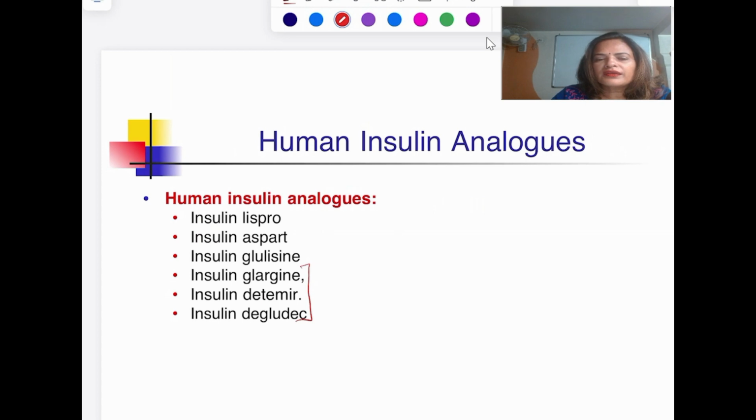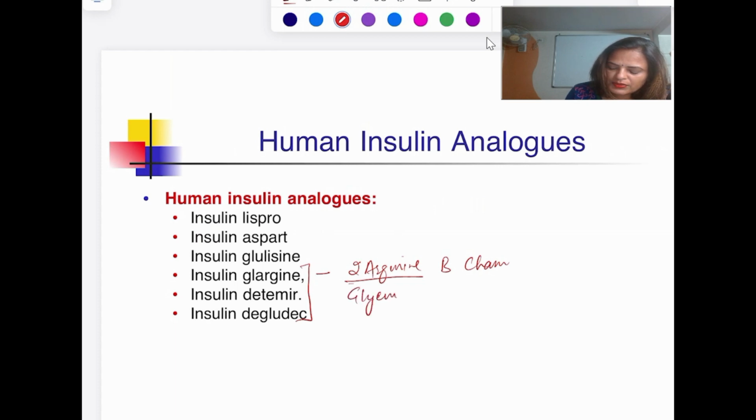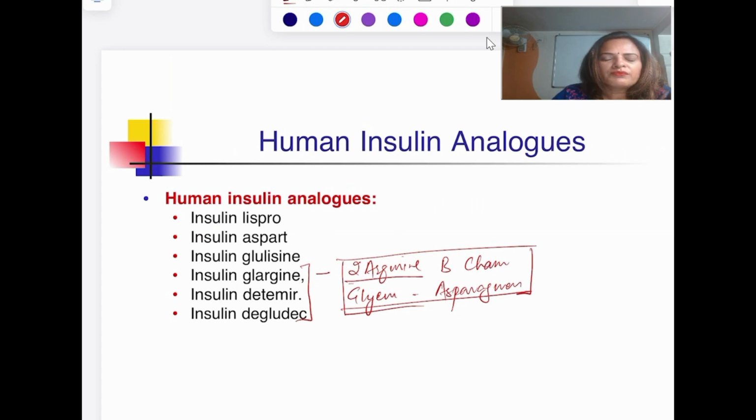In glargine, there is addition of 2 arginine molecules in the B chain, and in the A chain the glycine is replaced with asparagine. Now, with this change in the amino acid sequence, what will happen?